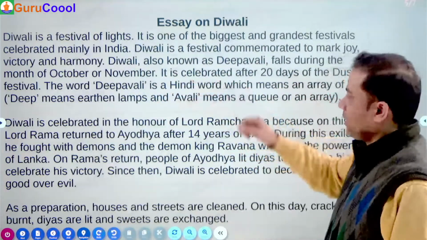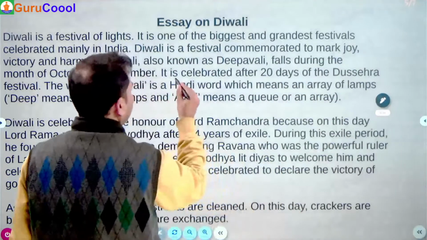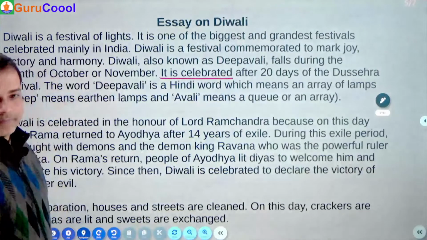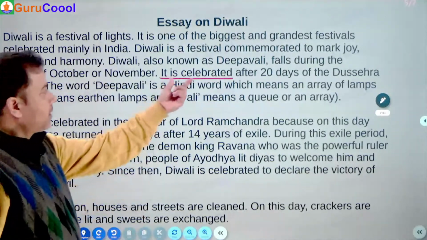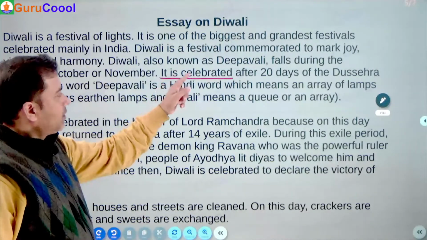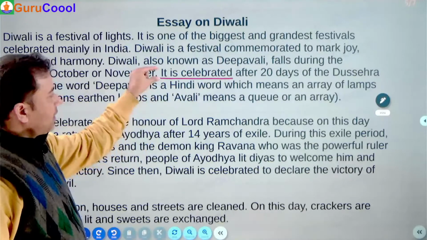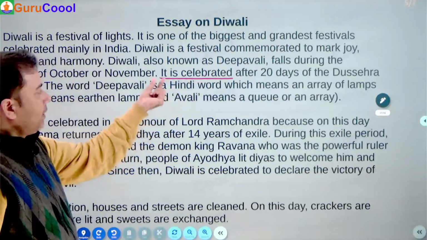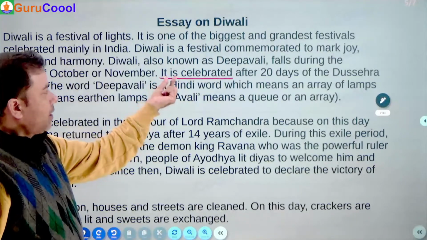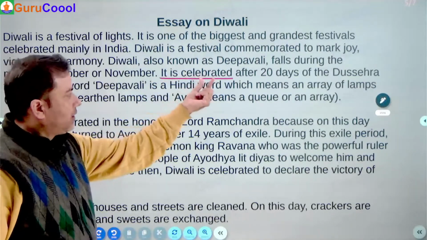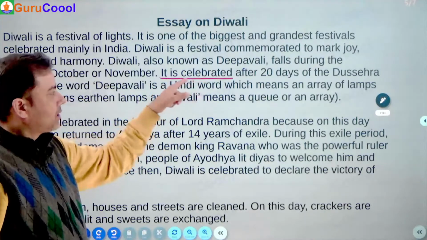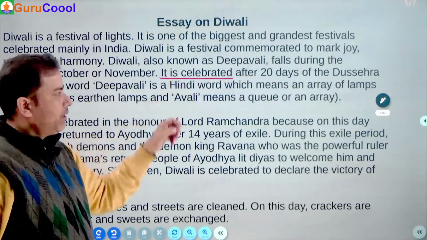It is celebrated. Notice here, it is celebrated. See the structure, simple present tense. It is celebrated. Object plus helping verb plus V3. Did you see simple present tense has been used here?